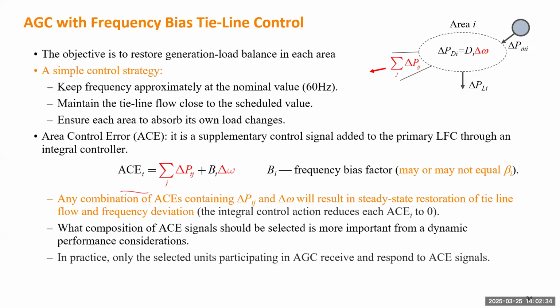All right. So in practice, we don't need to put every unit in the AGC, only selected units. But let's assume a very extreme case. I have an entire fully connected system, and I only give one generator AGC.